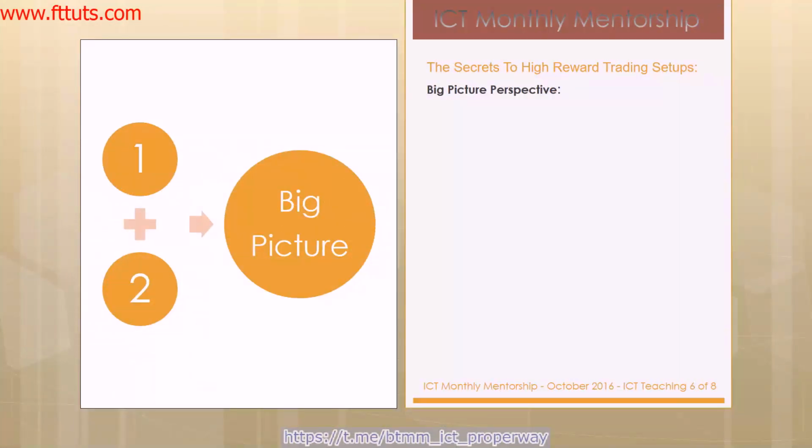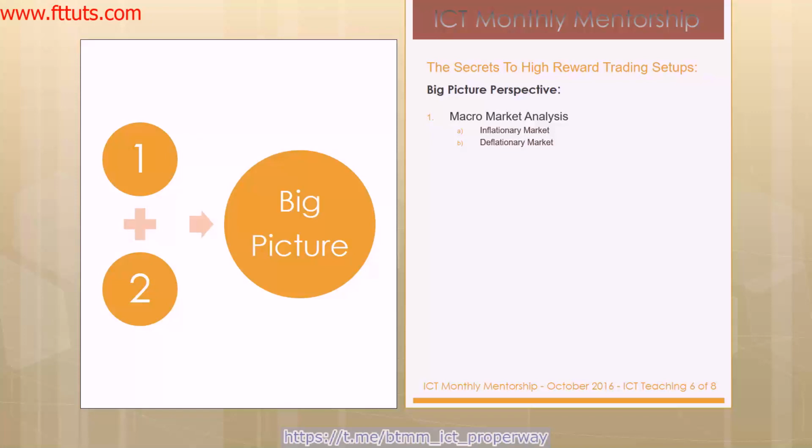Okay, so again, focusing on the big picture perspective, the first thing we're going to be looking at is the macro market analysis. Now, this is really simply described as, are we in an inflationary market or are we in a deflationary market? When a market or a currency or country is in an inflationary condition, it's going to have a direct relationship on the currency.